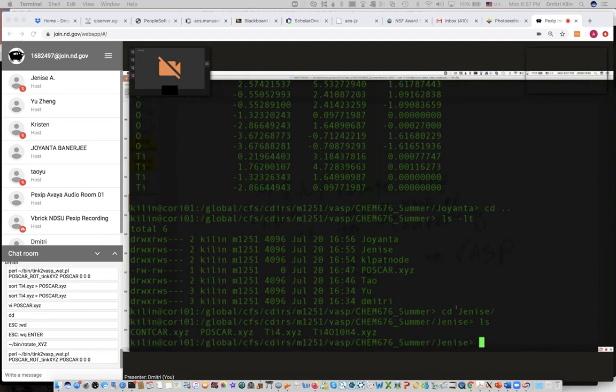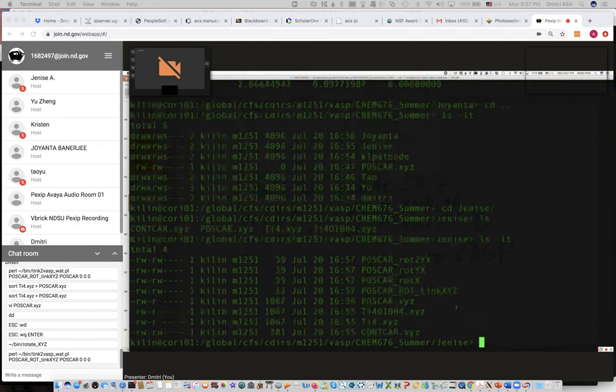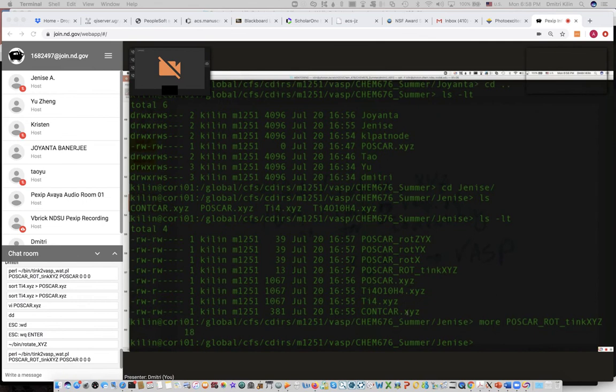Now I am in the directory of Genis, and I do not see it. Oh, okay. Now I do see it. But the file more postcard, the file is empty. So Genis, I'm in your directory, so you type /bin/rotate. Oh, wait.